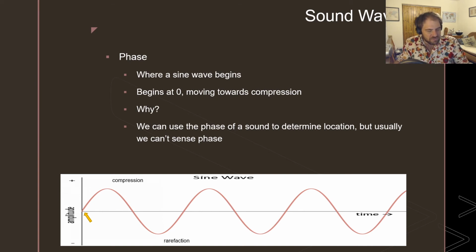I mean, it's going to move its microphone back, I guess, and then it's going to push it forward. So really it's not going to create sound until the wave goes into compression again, and it's going to start moving. So you will change the phase overall, but it's still really going to start the sound at compression. Anyway, it begins at 0, it moves towards compression.